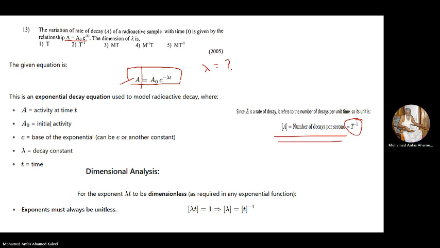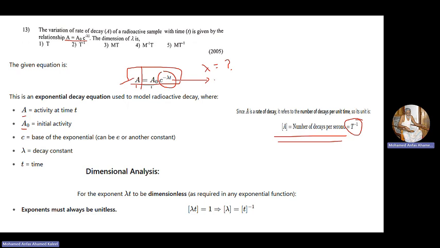Likewise, A naught is the rate of decay at the initial time, the number of decays per unit of time. So the units of A and A naught are equal. What about the exponential part, e to the minus lambda t?